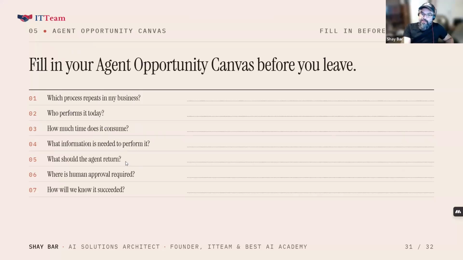This is the handoffs. Where is human approval required? This is the human in the loop. How will we know it succeeded? Meaning, what does success look like? Saving time, creating more content. If you follow these guidelines, then you will have a working AI agent that really helps your business.